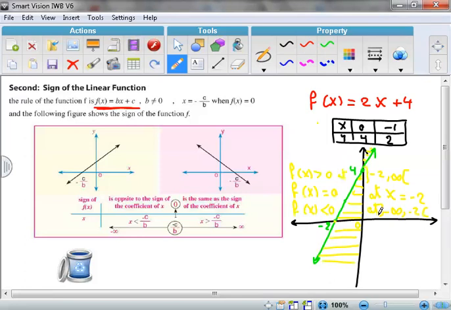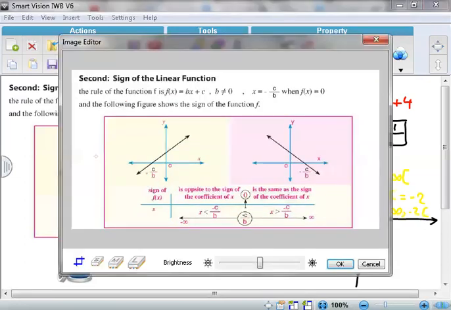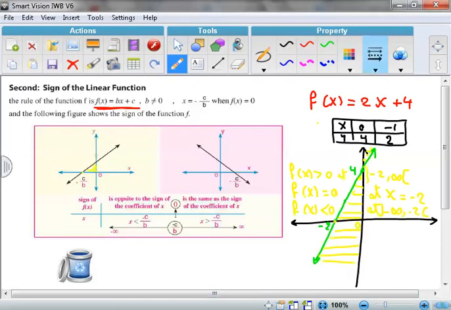Look at the shape. This is the line bx plus c. The positive part is from after negative c over b to infinity. In this part, the function is positive.